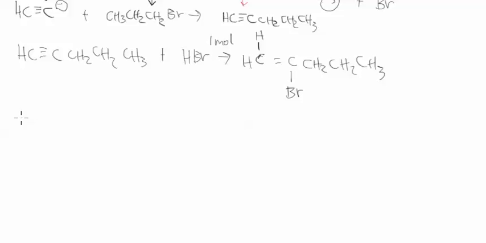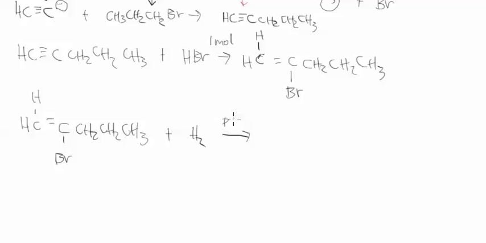So now I'm going to take that product that we've just made, the alkene, and we've got to do something else to it because we've got to get rid of that double bond. What can we add to keep everything the same but get rid of the double bond? Well, if I just want to take that double bond and convert it down to a single, the only option that I know right now is H2 and platinum.